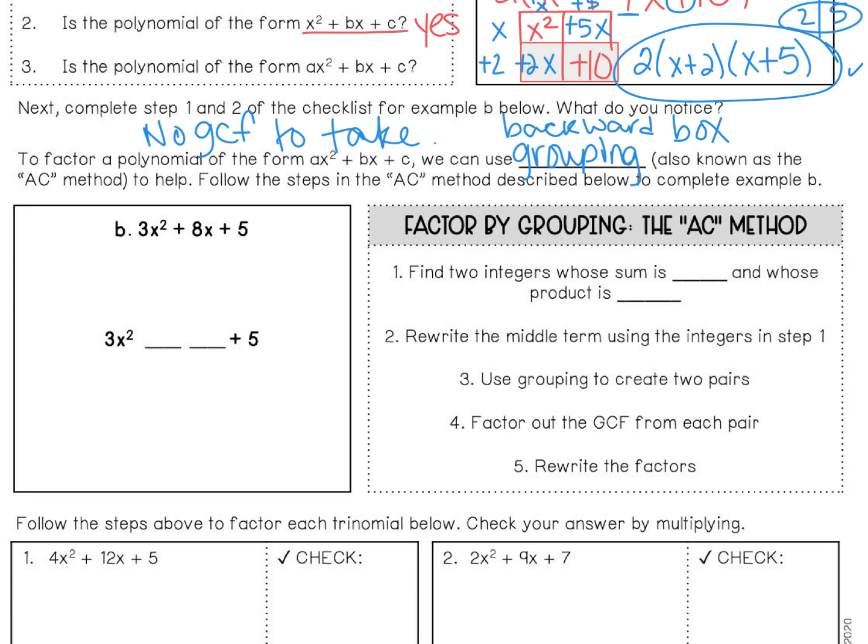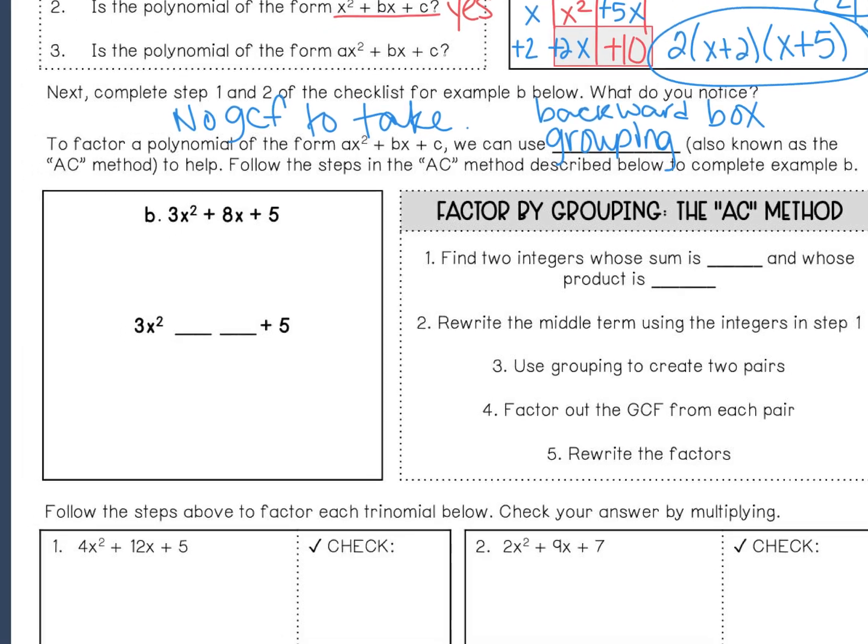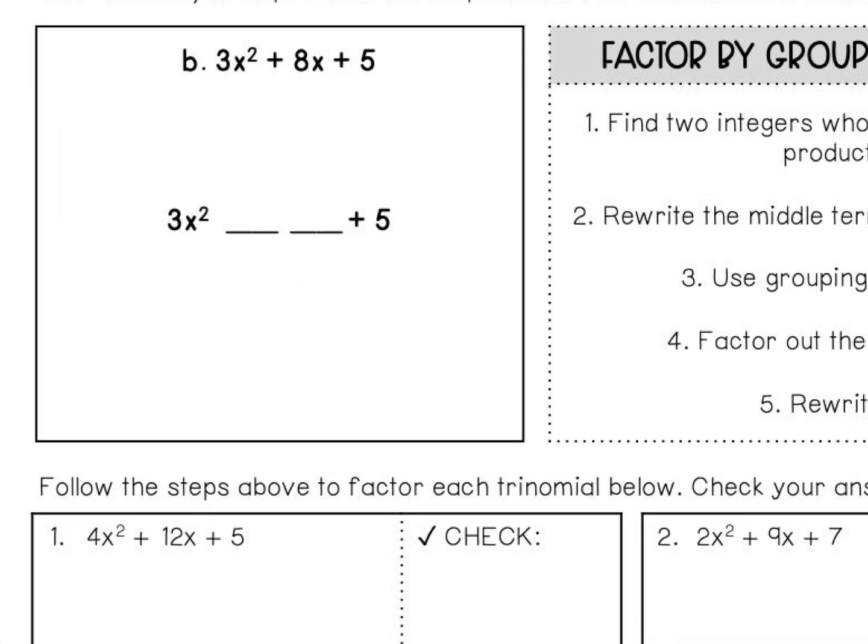Okay? So we are not going to do grouping on our examples. We'll use backwards box. We still have to do the A times C, though. No matter which method we choose, we have to do the A times C. So I realize they've already put some stuff here for us, but we're just going to have to work around it. So there's no GCF.